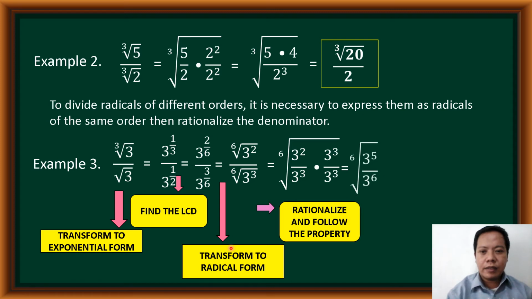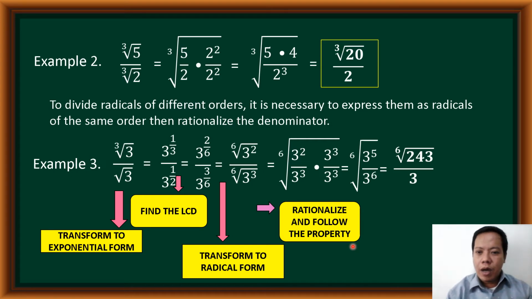Then next we have the 6th root of 3 to the 5th over 3 raised to the 6th. Then we have to simplify 3 raised to the 5th. Then we are going to have the 6th root of 243 over 3. So this is our final answer for this part.